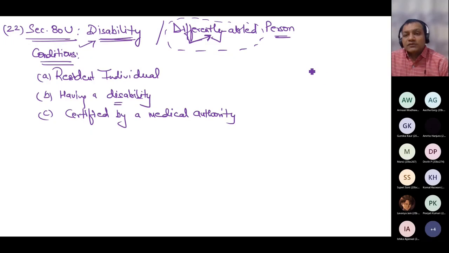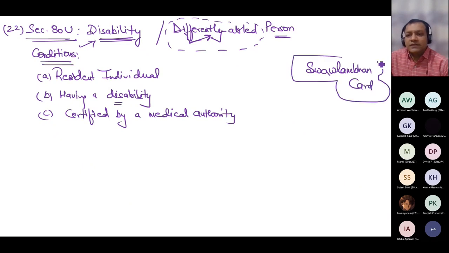Now we have the Swavlamban card. In Hindi, they are using this word. You can see the website, and all the people who are differently abled now apply online on the website.